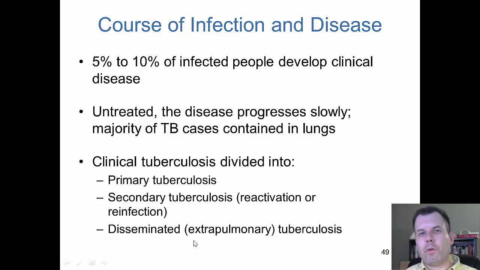And that's obviously the most serious case. Once it leaves the lungs, that's where the outcome can be very dire, because once it is disseminated throughout the body, it can wreak havoc and cause a lot of destruction to tissues and organs. Once you get to that stage, it's very difficult not only to treat, but actually survive the disease. And so what we'll be primarily looking at is the primary and the secondary types of tuberculosis.